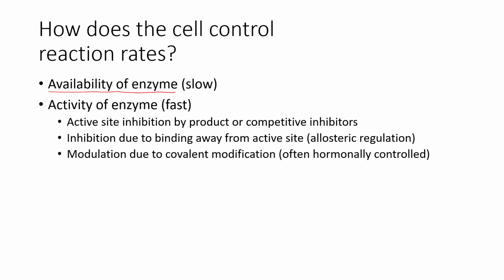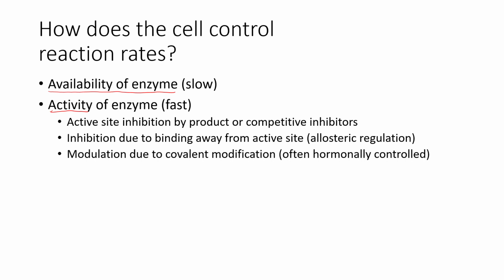On the other hand, what cells also frequently do is they can control the activity of an enzyme. And this process of turning an enzyme on or off, making it active or inactive, is a relatively fast process. We already discussed some examples of changing enzyme activity when we talked about enzyme inhibition. One type of inhibition that we talked about is active site inhibition. And we talked about competitive inhibitors, which block the active site.